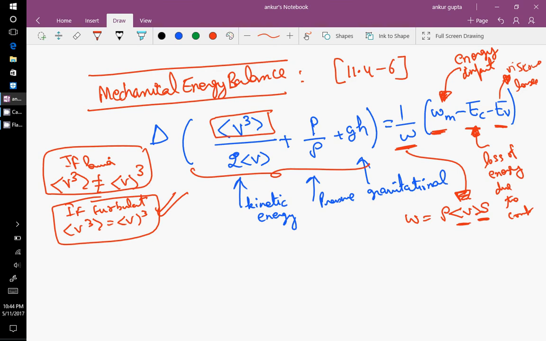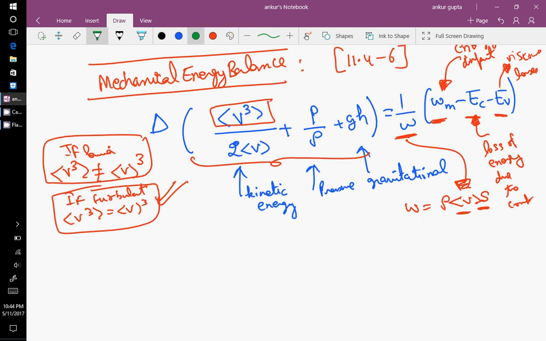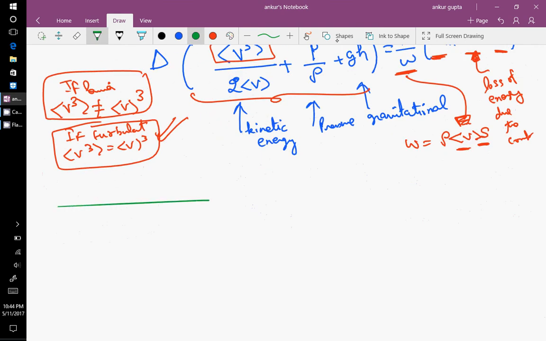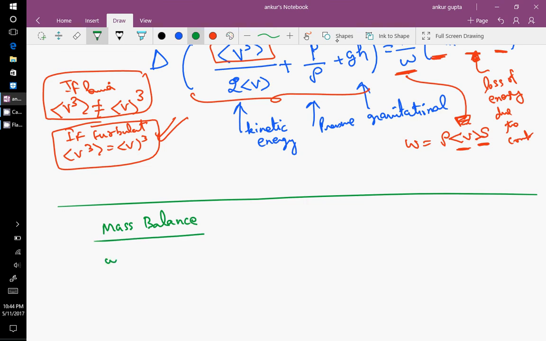Okay, so the whole point of this entire exercise was to make you a bit familiar with all the things we have discussed. So let us just recall very quickly what we have written so that I can use it very easily. Mass balance, we basically said W1 is equal to W2, so I'm assuming steady flow.